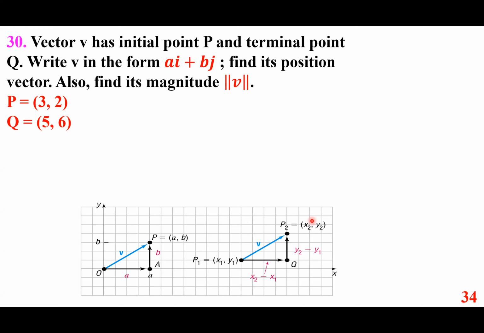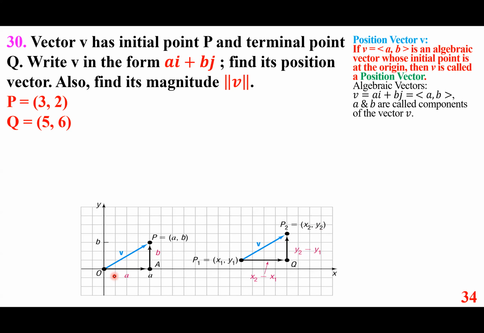So we have a vector with the initial and terminal points. X sub 2 minus x sub 1 is this distance, and y sub 2 minus y sub 1 is this distance. And now if you have it such that the initial point is at the origin, it's called the position vector.